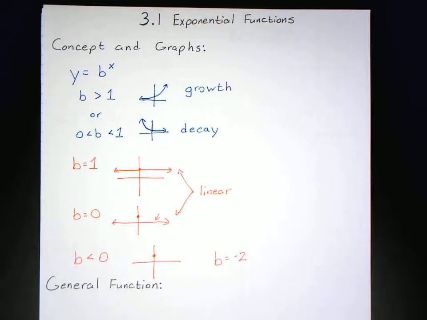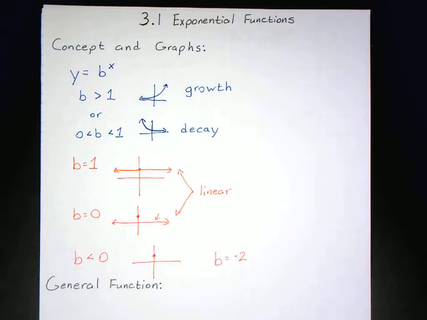Although you could argue that anything to the 0 power is 1, but can you really take 0 to the 0 power and get 1? That one's a little messed up. Everything to the 0 power equals 1, but you're saying you can take 0 and multiply it by something and get 1.